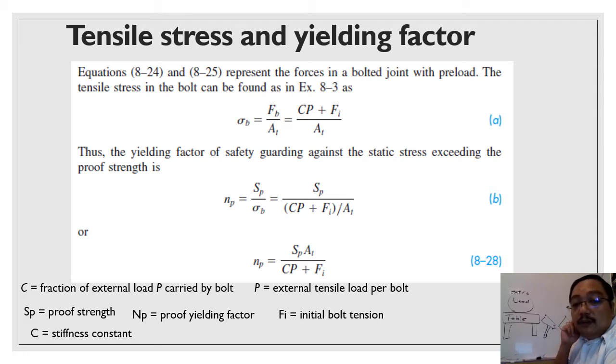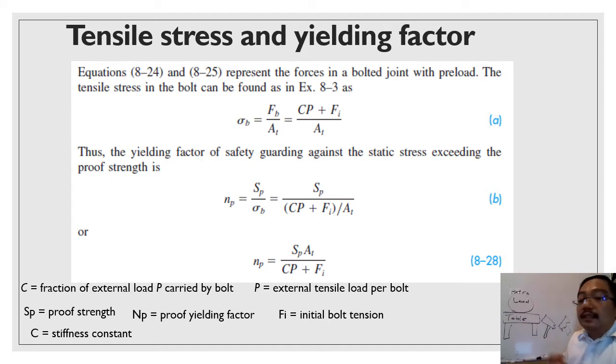In the end, you will find the suitable diameter for that bolt. Let's say you make a wrong design and you choose a bolt with a smaller diameter.